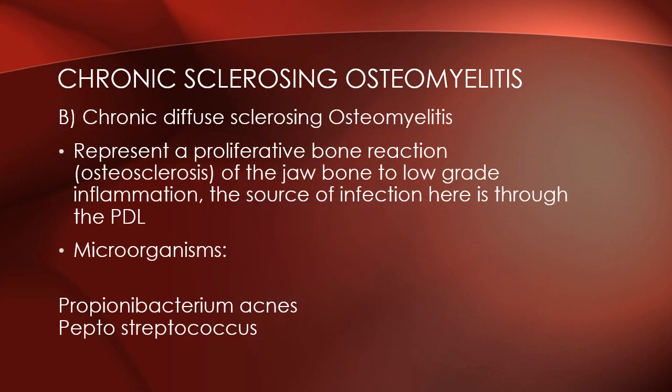Hello all, I will continue with the second type of chronic sclerosing osteomyelitis, which is chronic diffuse sclerosing osteomyelitis. This type represents a proliferative bone reaction of the jawbone to low-grade inflammation, and the source of this inflammation is through the PDL. The microorganisms responsible for this type are Propionibacterium acnes and Peptostreptococcus.